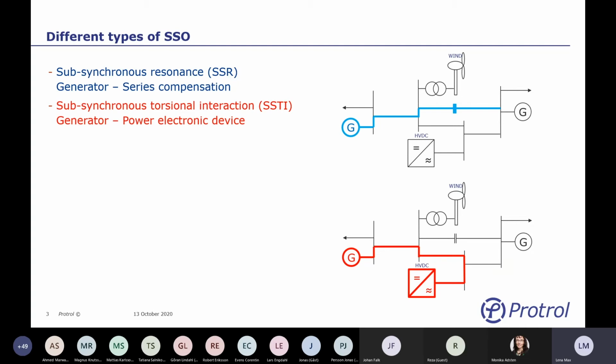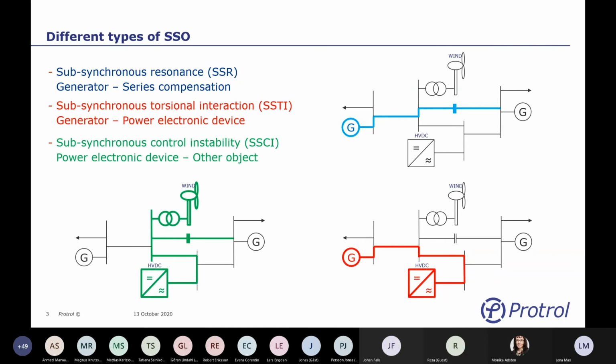It could be an HVDC link, as in this example, or a large wind farm or any other device. And then we have subsynchronous control instability, which is oscillation between a power electronic device and another object, for example another converter, a series compensated line, or any passive object.